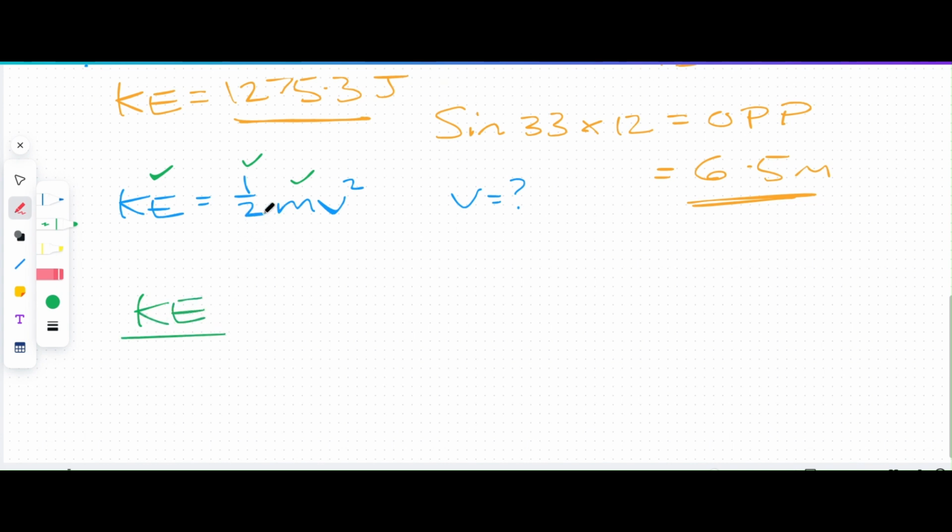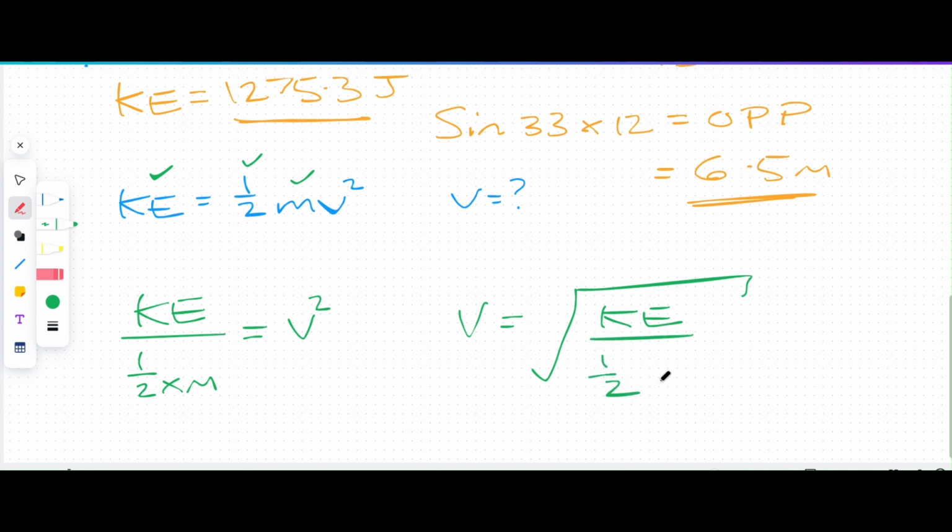I'm going to bring the half m down here, because it's both times by, so do the opposite, half times the mass. You could multiply things by 2 to get rid of the half, but I'll keep it simple. So I've just brought the half times the m down. That's got to equal v squared. We all know that the opposite of a square is a square root, so here's the formula. V is going to be square root, all of this, KE divided by half times your mass.